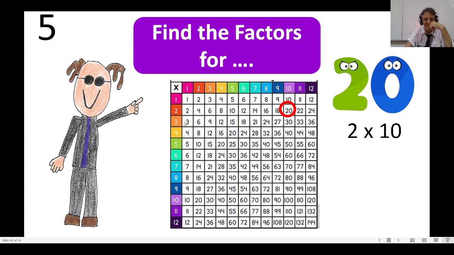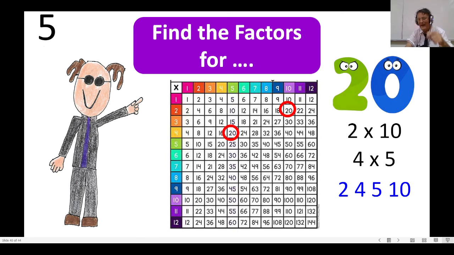What other numbers go into 20? 4? Yes. 4 times 5 equals 20. Now, I know we've got 5 times 4, but it's the same. So the factors of 20 are 2, 4, 5, and 10. Easy.